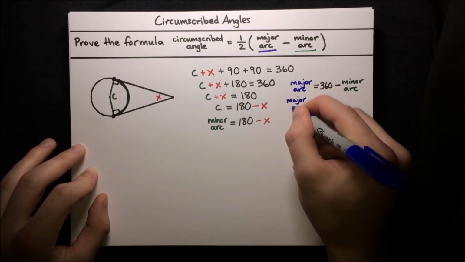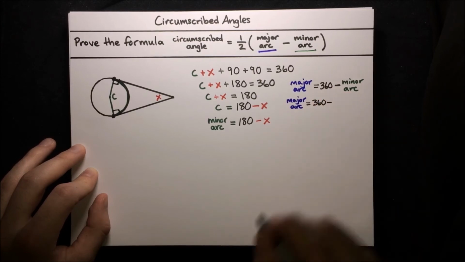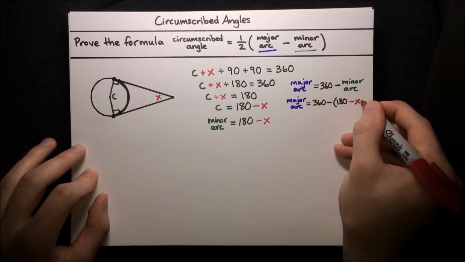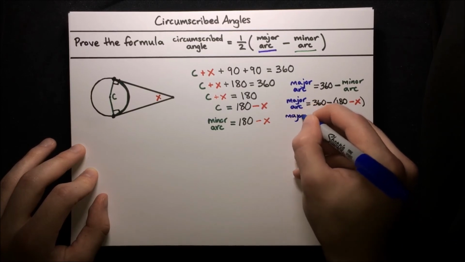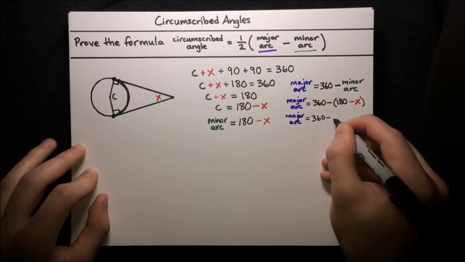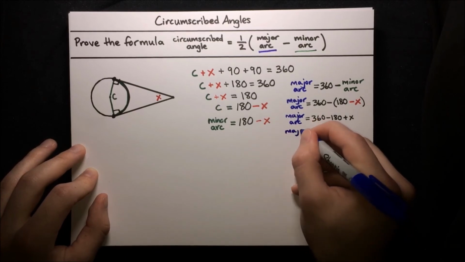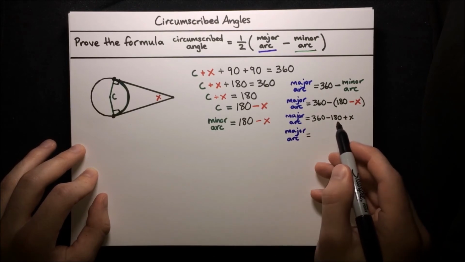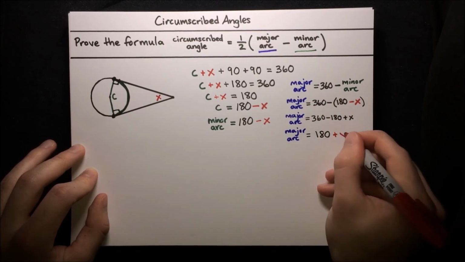Major arc equals 360 minus the quantity 180 minus X. Let's go ahead and simplify. So major arc is equal to 360 minus 180 plus X. So then major arc is equal to 360 minus 180 is just 180, and then we have our plus X.